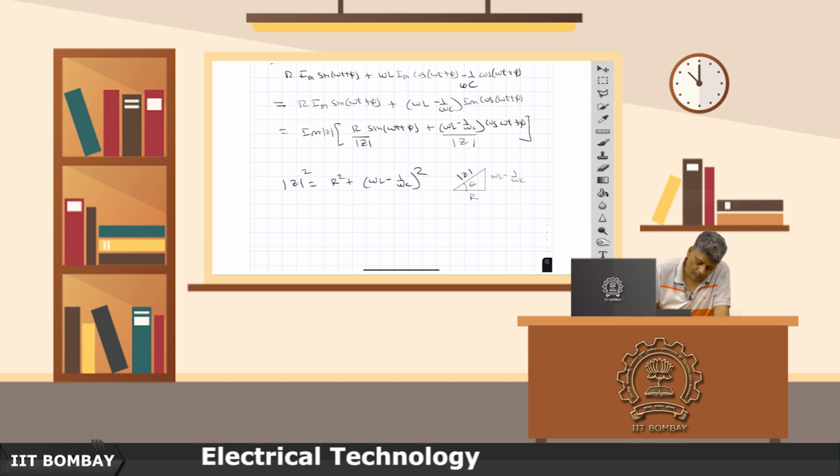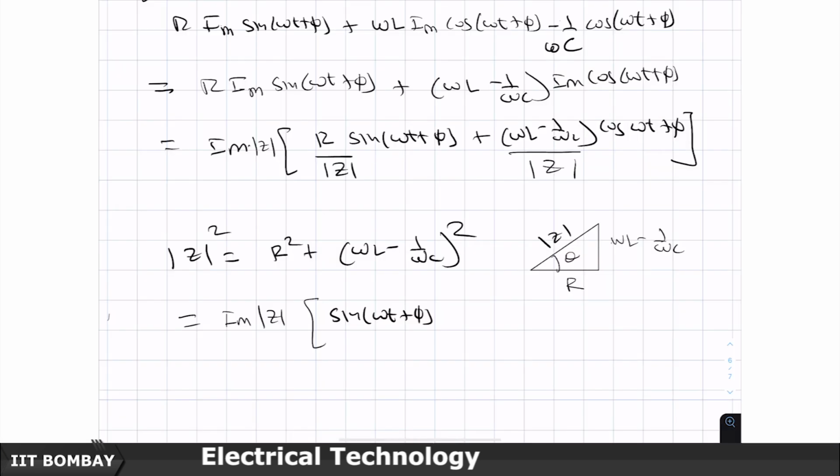Now, R by Z can be written as cos of theta. So, I will first write the first term as sine of omega t plus phi, and R by Z I will write as cos of theta, plus I will write cos of omega t plus phi first, and this omega L minus 1 by omega C divided by Z, this is the sine of theta.